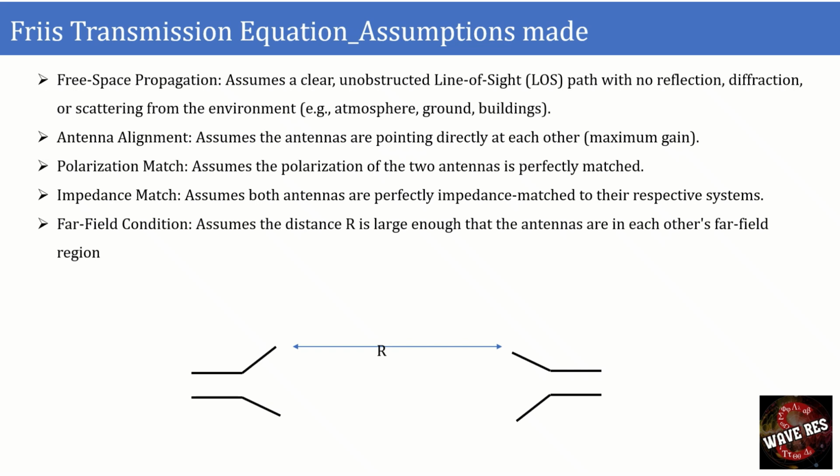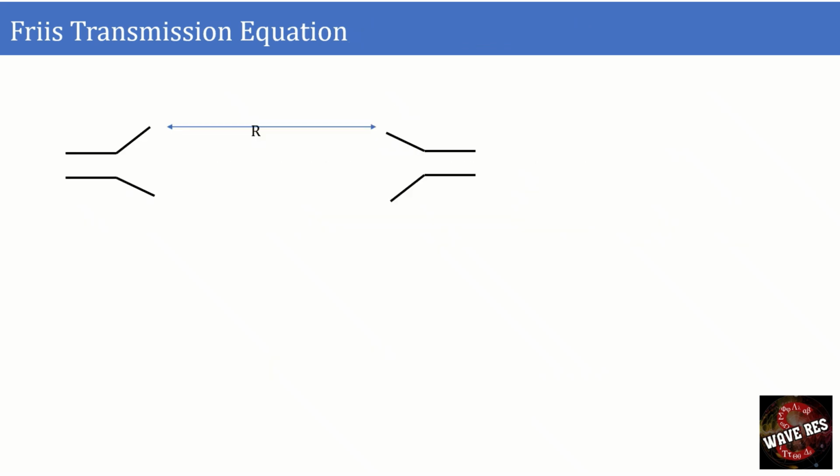So let's see how it is calculated. Now we have a two-antenna system with a distance of separation r between them. This is the radiation pattern from the antenna. Based on the radiation pattern, it will have different gains in different directions.